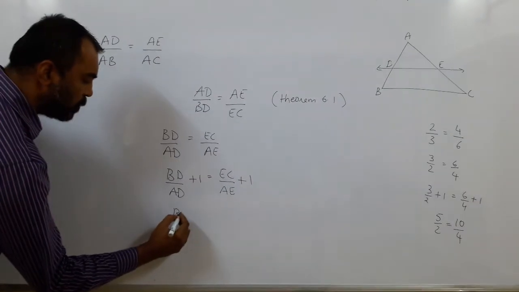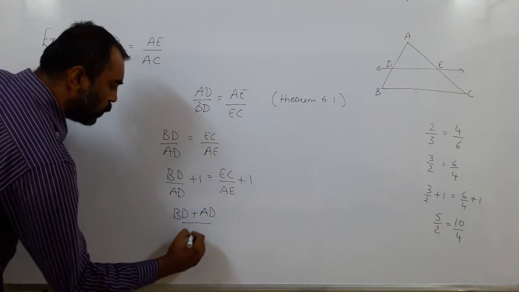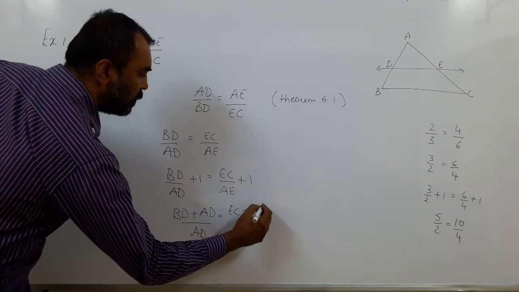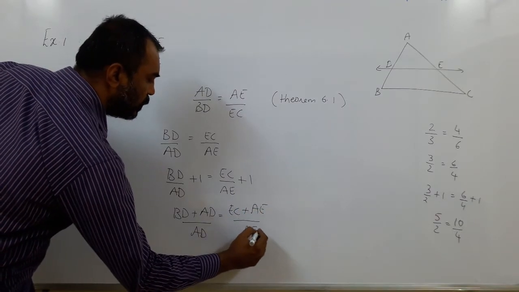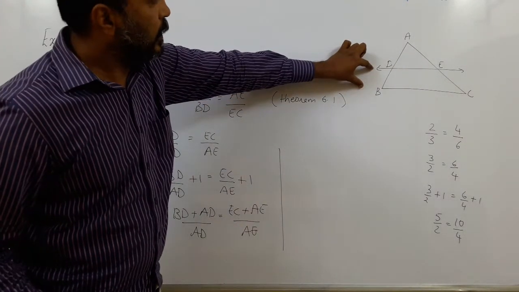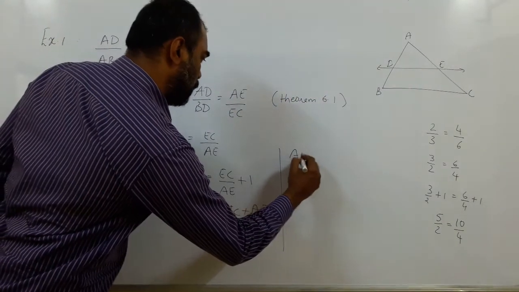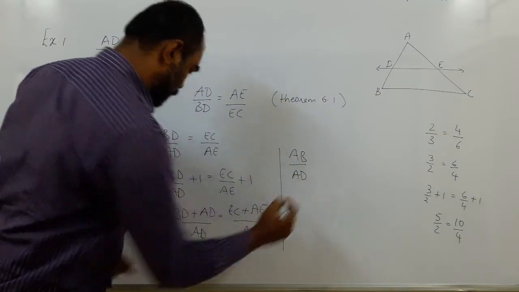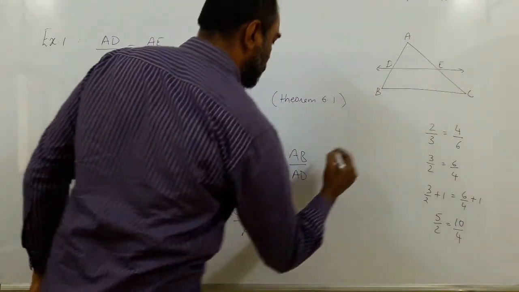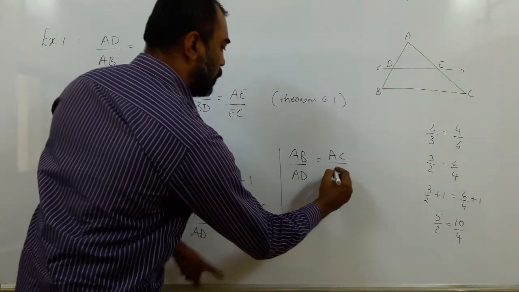Taking the LCM, BD plus AD upon AD equal to EC plus AE upon AE. Right? Now what do you get? See, BD plus AD is AB. So we get AB upon AD, and EC plus AE is AC, equal to AC upon AE.